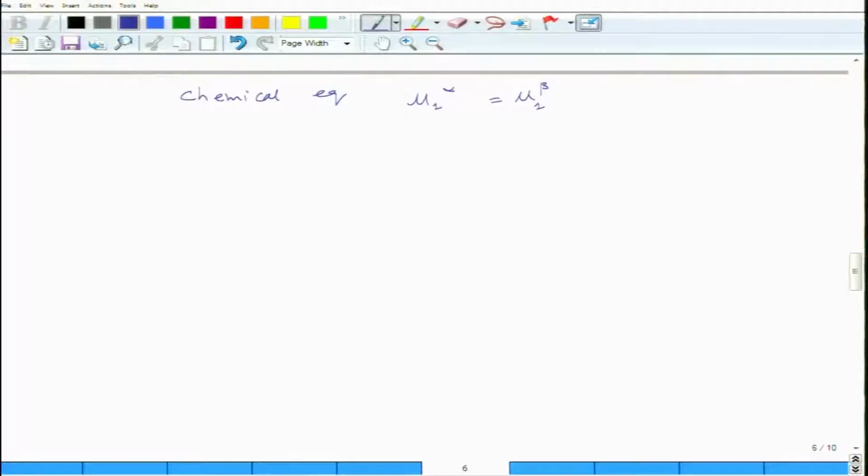So, let us consider phase alpha. Phase alpha contains pure solvent.